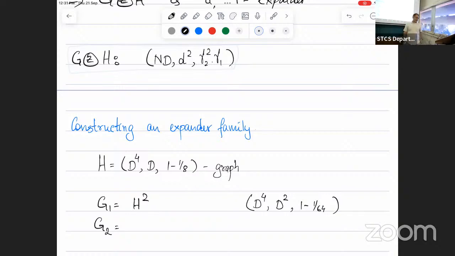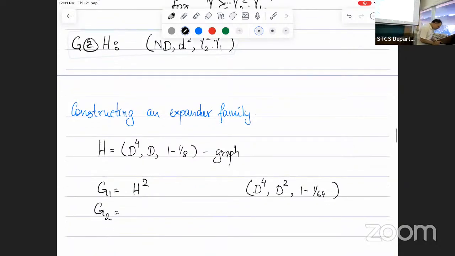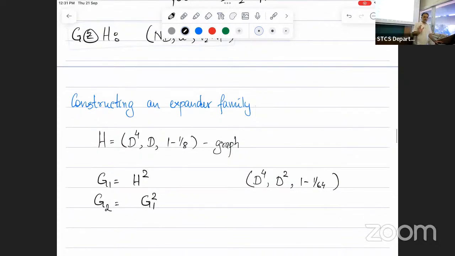And G2 is basically going to be, I look at G1 squared, which is now going to be again on d power 4 vertices, with degree d power 4 again.